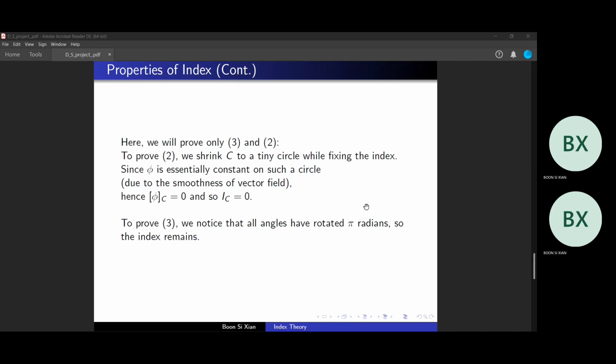We only prove part 3 and part 2. To prove part 2, we shrink C to a teeny circle while fixing the index.